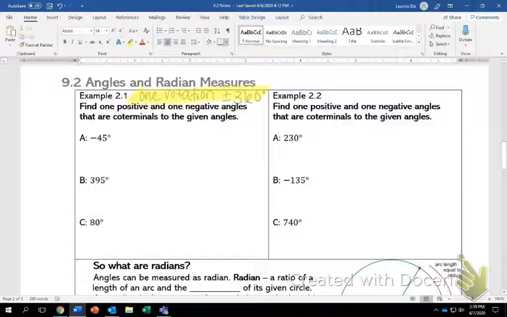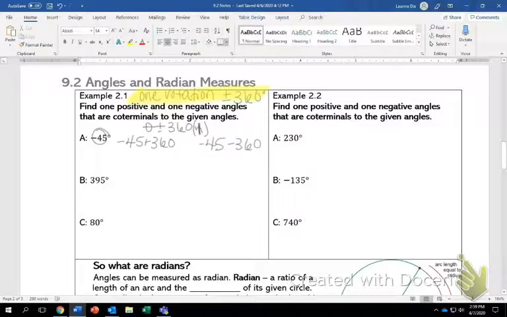But let's do the formula. The formula for this is going to be our original theta, whatever they gave us, plus or minus 360. And again, I already said it's 1 rotation, which is technically a times 1, and anything times 1 is itself. So that's why we're just adding or subtracting 360. So I'm just going to set this up: negative 45 plus 360, and then negative 45 minus 360.